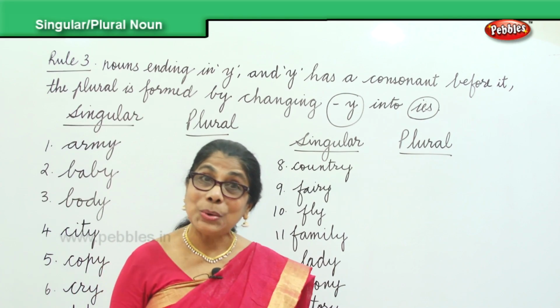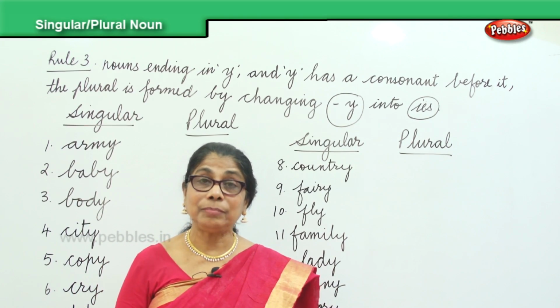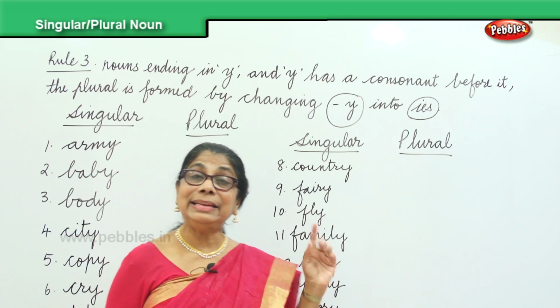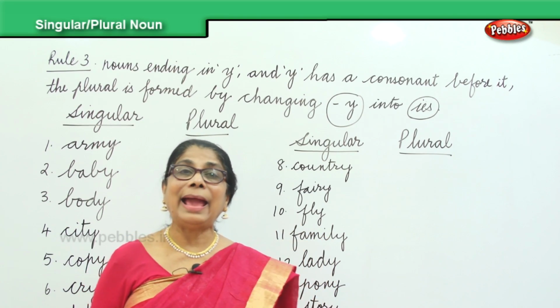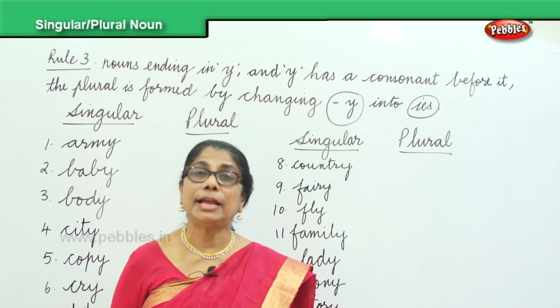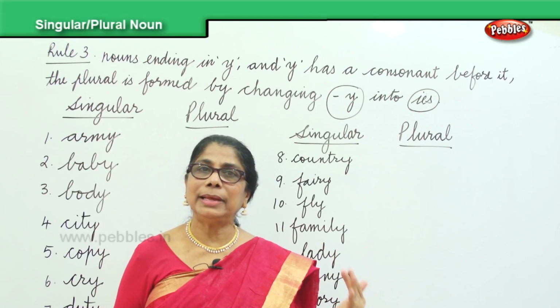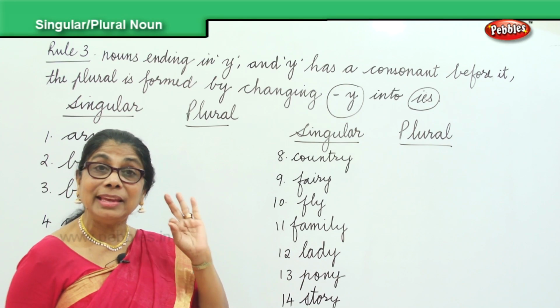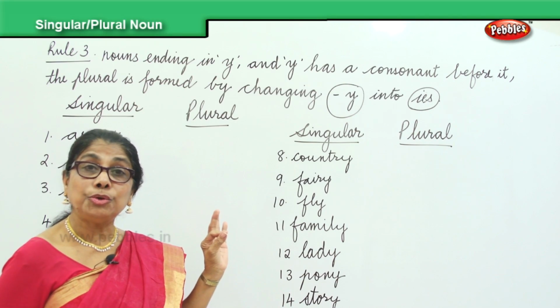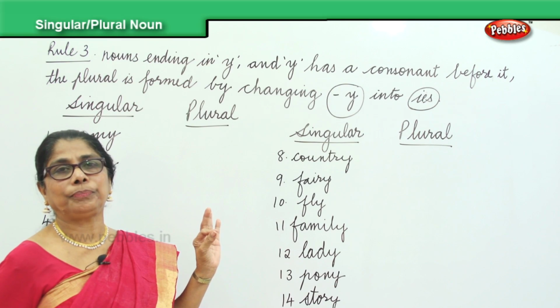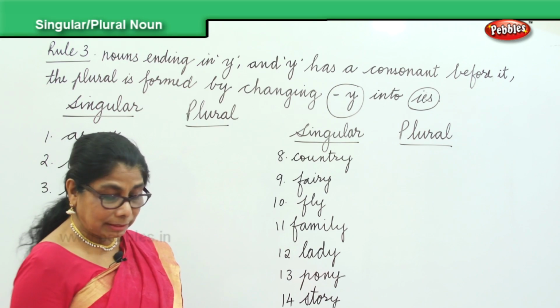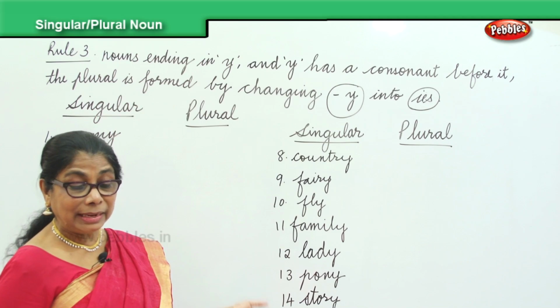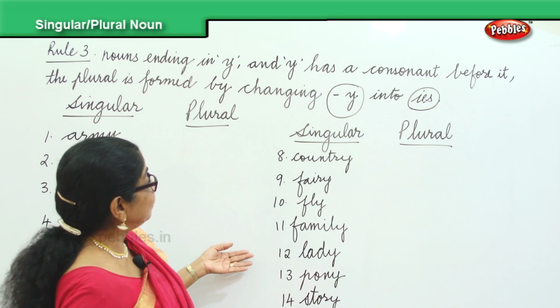Now, rule number 3 says, if a noun ends in y and there is a consonant before the y, then you change the y into ies to form the plural. So I have 14 words here. Then there are more: library, lily, family, fairy, lots of things.